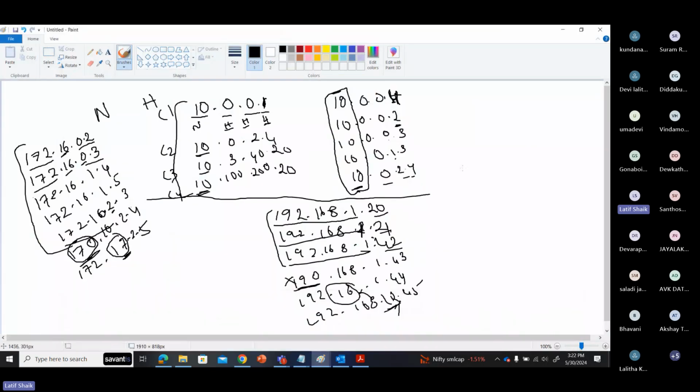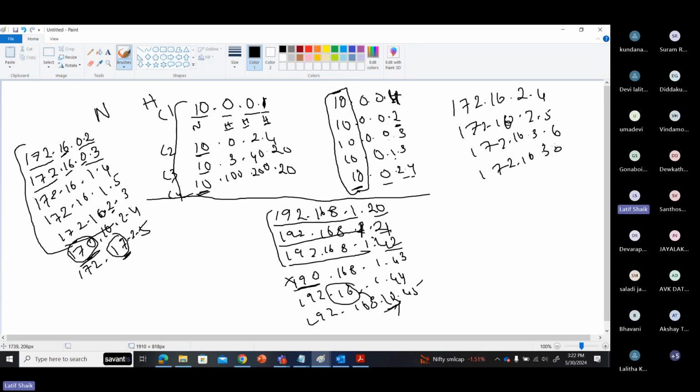For example, I take 172.16.2.4. Good. 172.16.2.5. Good. 172.16.3.6. No problem. 172.16.3.5.